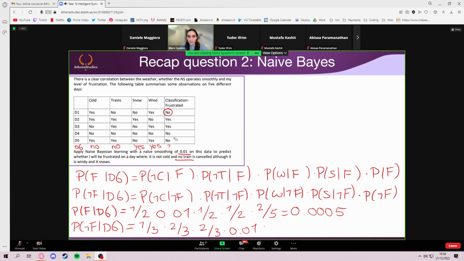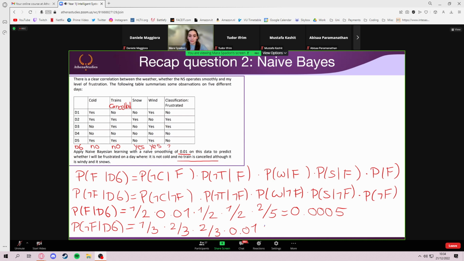In the exam or any other question, it will be clear what you have to assign. Yeah, so no train is cancelled, so it would actually be train cancelled. Yes, exactly. That's what they're kind of getting at, but it wasn't that clear.